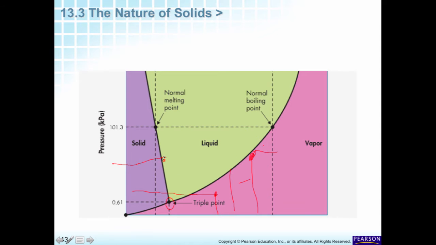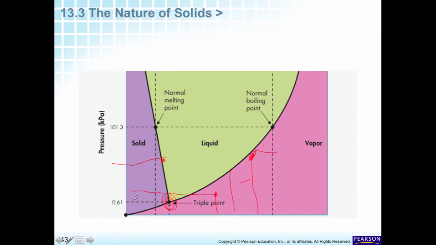So look, my melting point now is to the right of where it normally is. If I go higher, it'll be less than that. Because this line is melting point, this line is boiling point. And this point is where all three of them are in equilibrium.